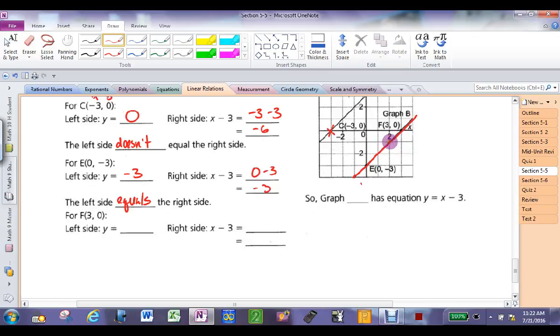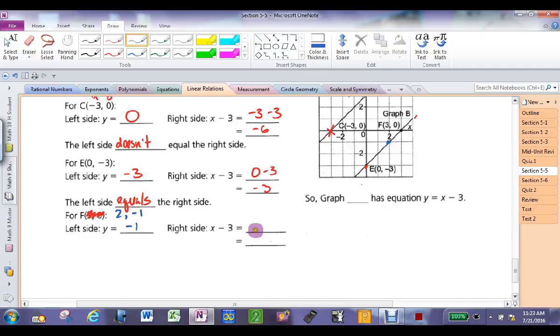Got it? Now we've already done 3, 0, right? I want you to choose a different point there, and instead of 3, 0, use a different point. What point could we use on this line? Somebody give me one. 2, -1, right? So we're going to use 2 and -1. So the left side is the Y side. Y equals what? -1, just like it says right here. -1 is our Y value, yeah?